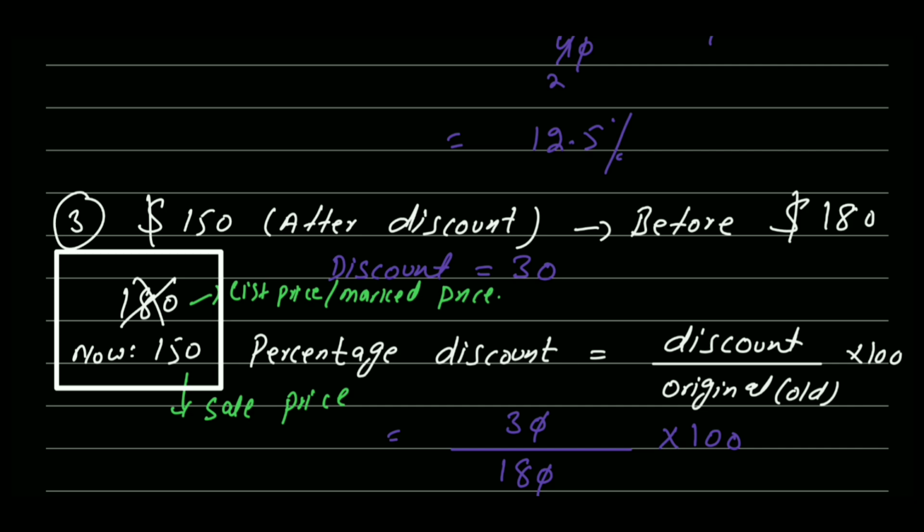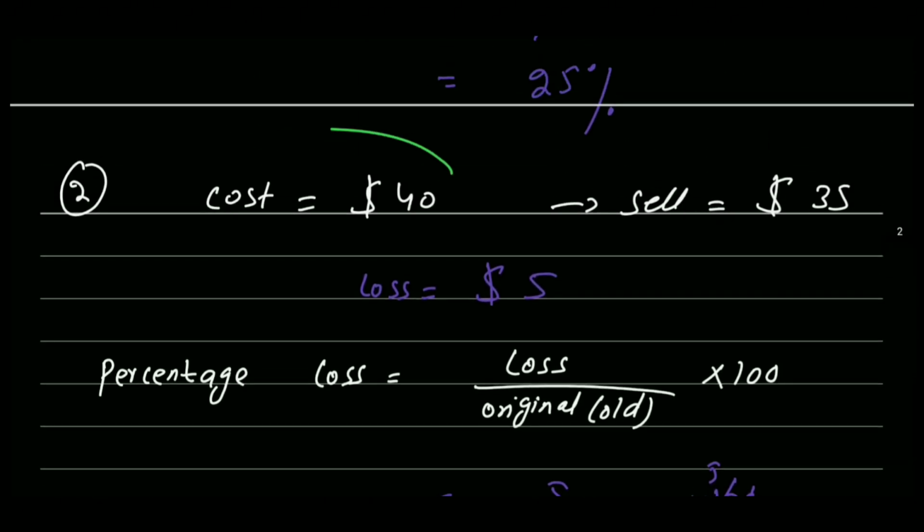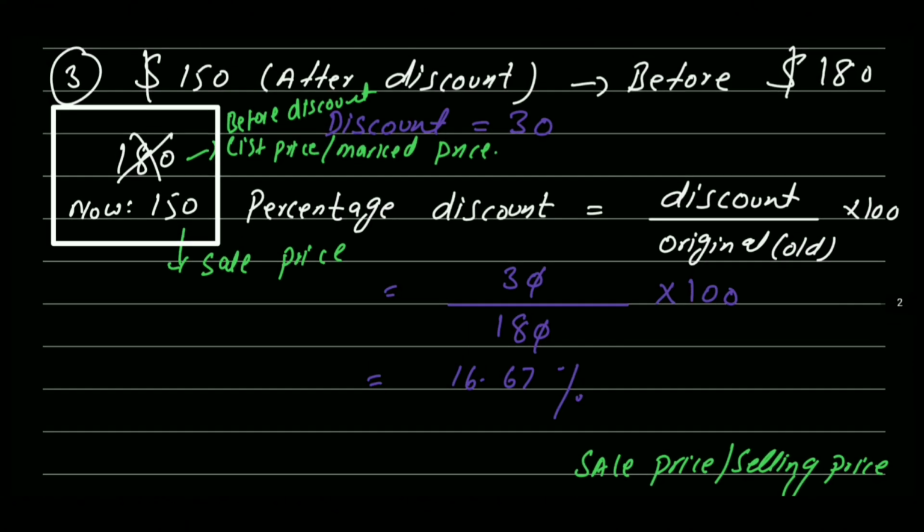Before discount, the price will be list price, or you can say marked price, and after discount the price will be called sale price. And what is selling price? As I told you, if your cost is 40, this will be called your selling price. Sale price is after discount.